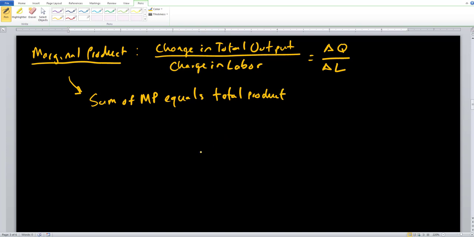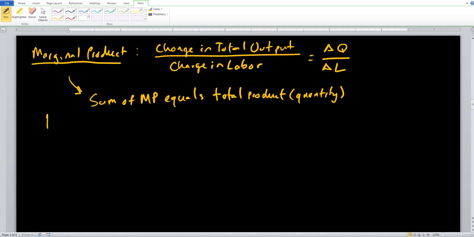And we use a few interchangeable terms for product. We can also say product means quantity for us. So just note that quantity and product are synonymous for us. So if we sum up marginal product for a given amount of quantity, we will know exactly what is the total amount of quantity of goods we are producing or giving out into the marketplace.